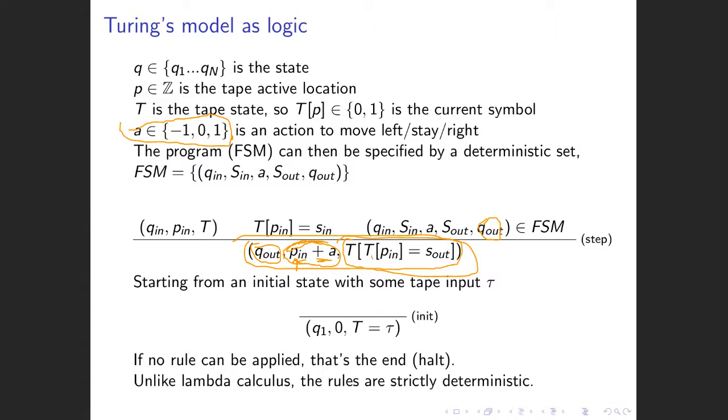We're going to substitute the symbol at location P in for the symbol S out. I'm actually using square brackets to do two different things. This square bracket means substitution. It means take the tape, but change it in a way that makes the substitution, and the substitution says make the P in location equal the output symbol.